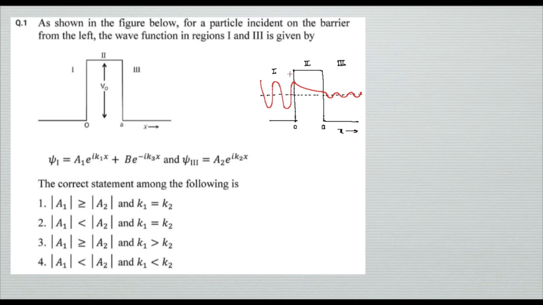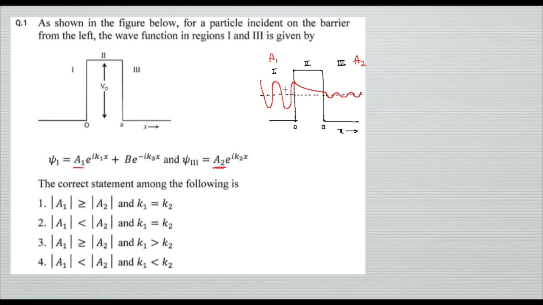So the first thing you can clearly say is that if the amplitude over this region is a1, and the amplitude over this region is a3, sorry, a2 is the amplitude over this region. Right now you can see that this wave function has two parts: a positive part and a negative exponential part. Why is this given?